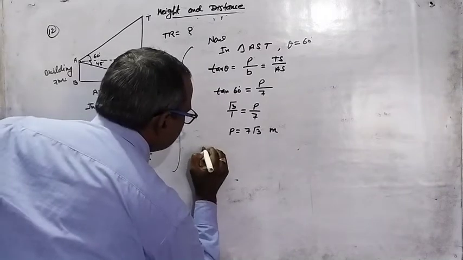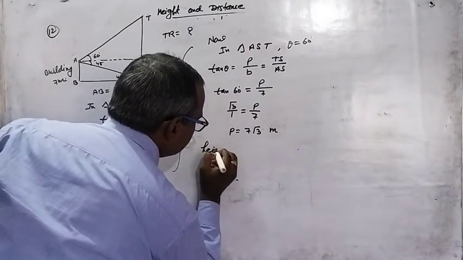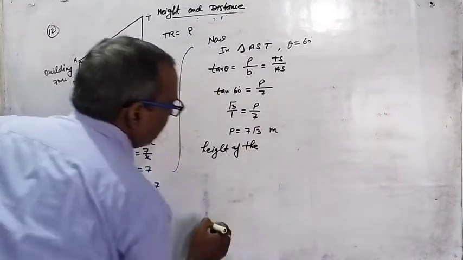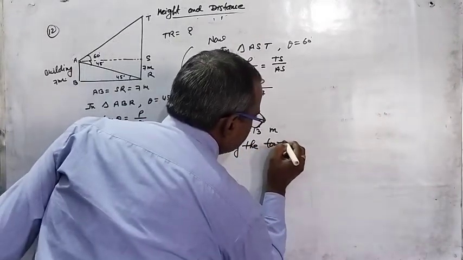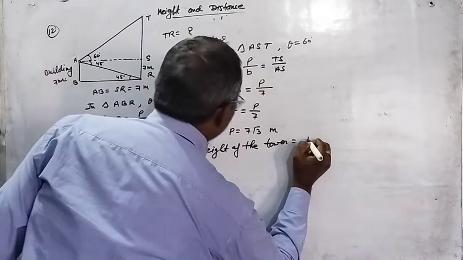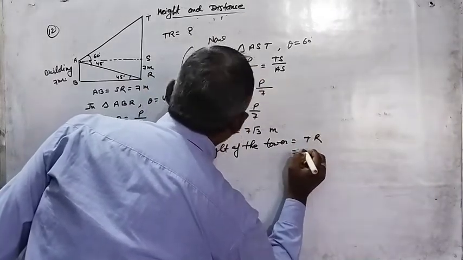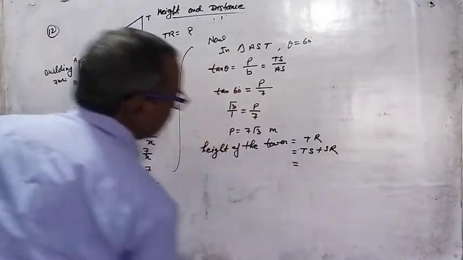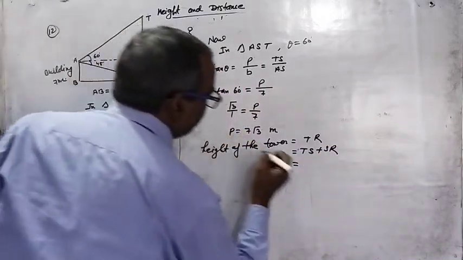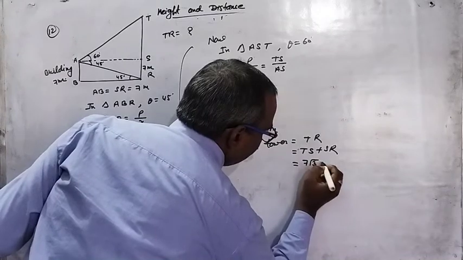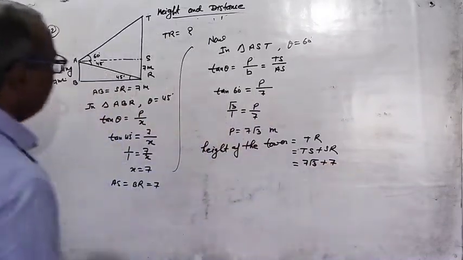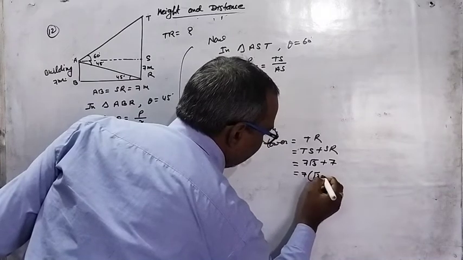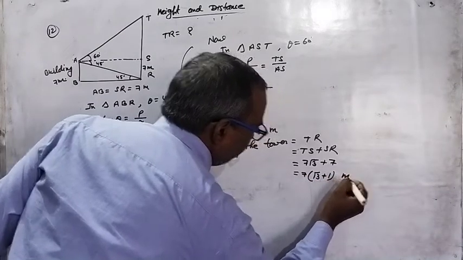Now the height of the tower is TR, and TR equals TS plus SR. Here TS equals 7 root 3 and SR equals 7. 7 should be common, so 7 into (root 3 plus 1) meter.